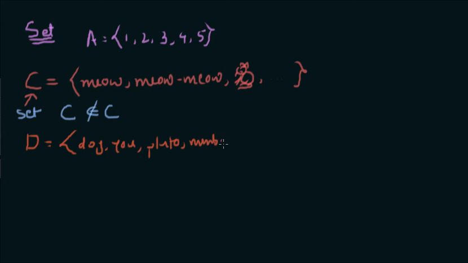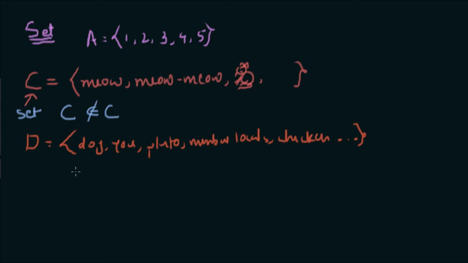How about that? Probably some chicken, because why not? And things like that. Okay, but will there be any cat? No, because D is the set of everything that is not a cat. So this is our D.